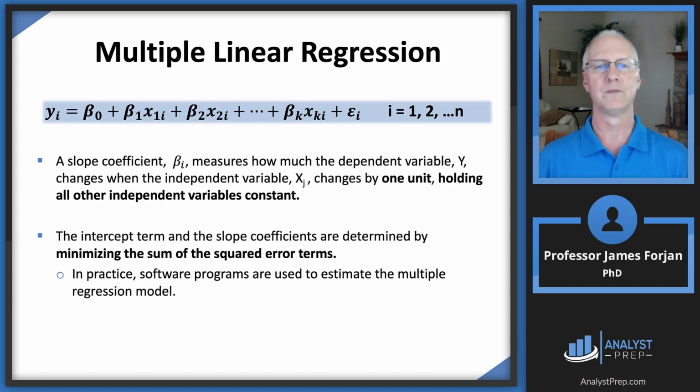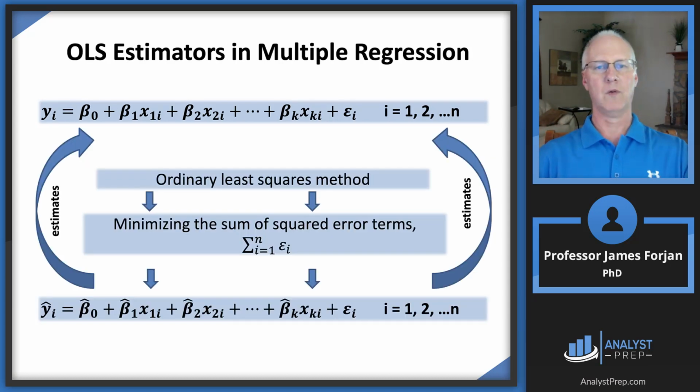All right, so what we're doing here from the top, that's our theoretical model in which we define the x variables as being economically and fundamentally and theoretically sound independent variables that are able to predict that dependent variable.